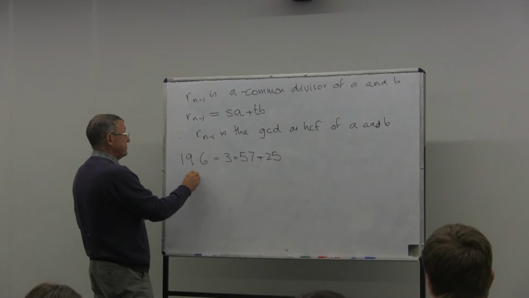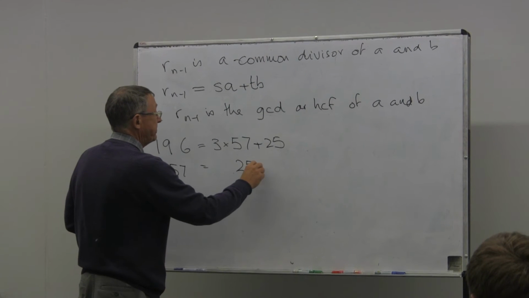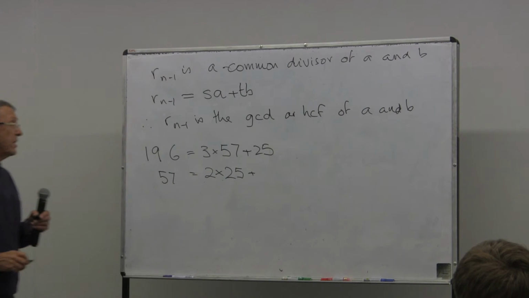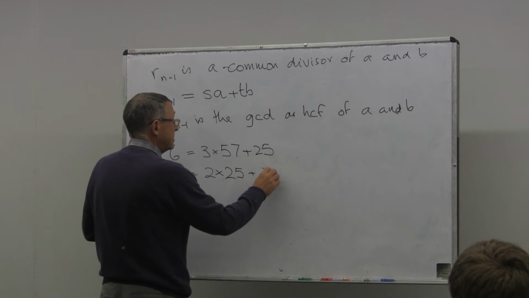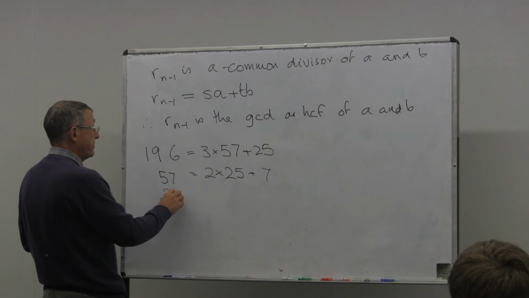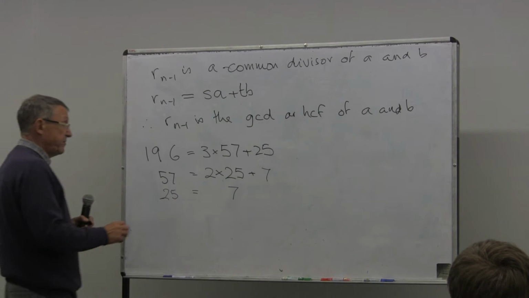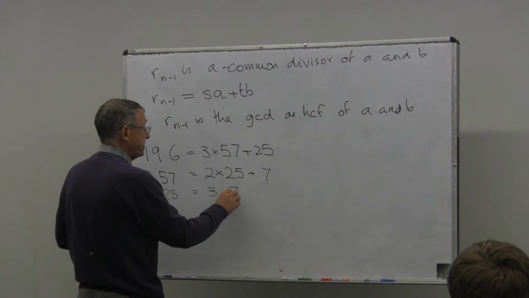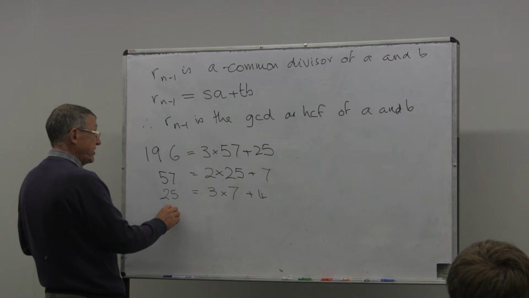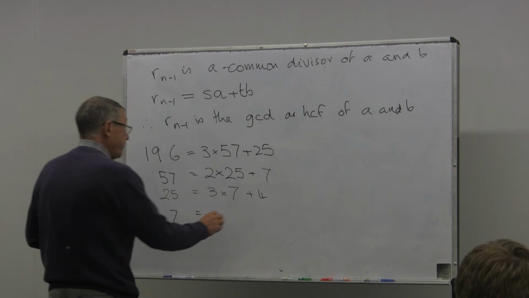Then the 57 comes to this side. The 25 comes to there. 25, that's easy, even I can do that in front of the board. Plus 7. Now the 25 comes here. The 7 comes there. 7 goes into 25 about 3 times. Then the 7 comes here. 4 comes here.